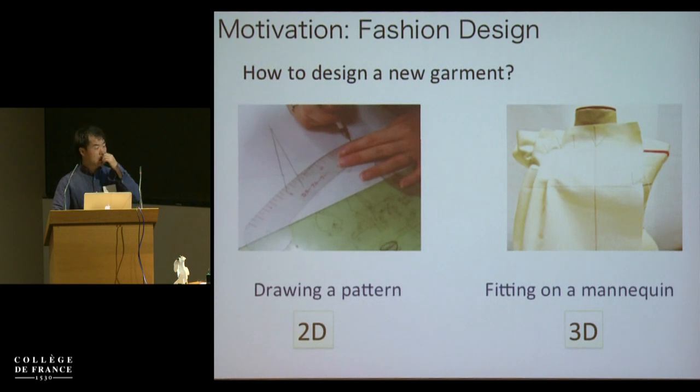It's cut out in such a way that it fits the three-dimensional human body. Because there is no obvious connection between this two-dimensional clothing cutting pattern and the 3D geometry of the human body, it's very difficult to design a new garment.